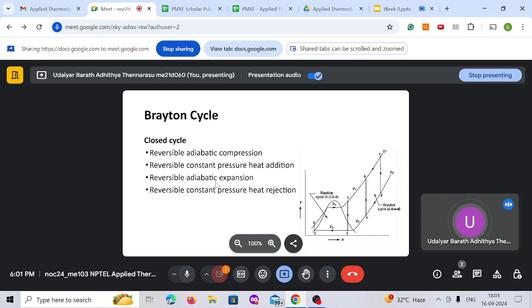Brayton cycle has four processes. If you see, these four processes are similar to what is there in a Rankine cycle. So we compared Rankine cycle with a Carnot cycle. There we changed the isothermal process to an isobaric process, saying that for a pure fluid, during phase change your pressure and temperature will be same, so you can replace one another.